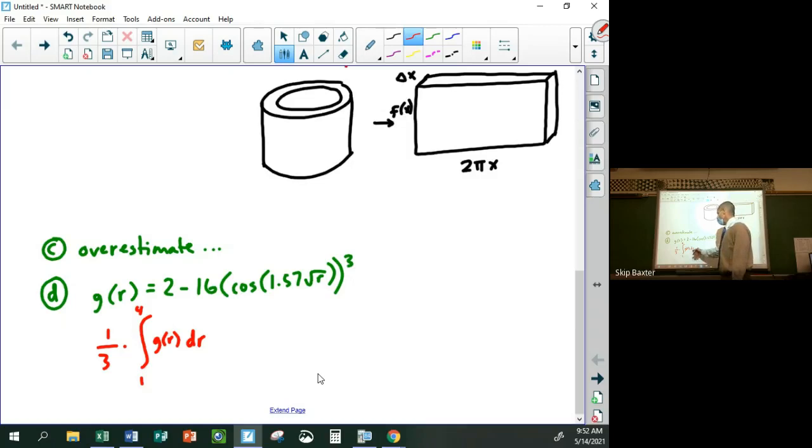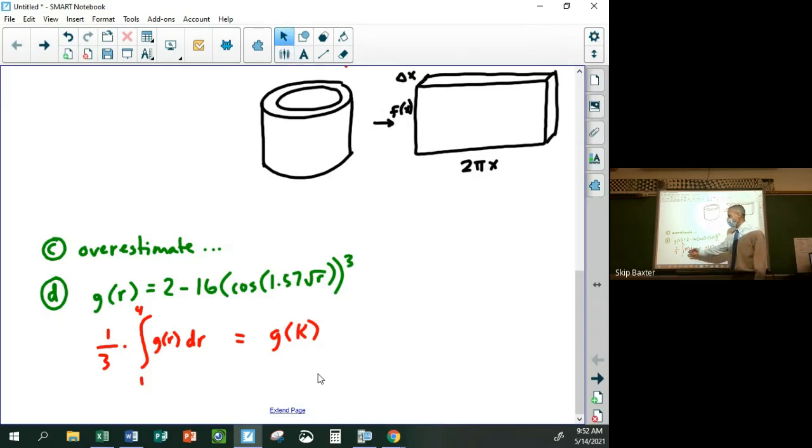I just want to know when this equals g of k. So I'm going to take this integral, find its value, then graph that as a separate function, y equals that horizontal line, and see where they intersect. It's that simple.